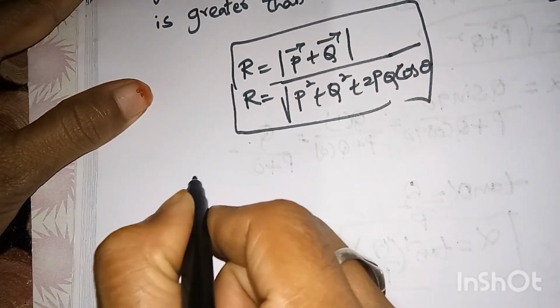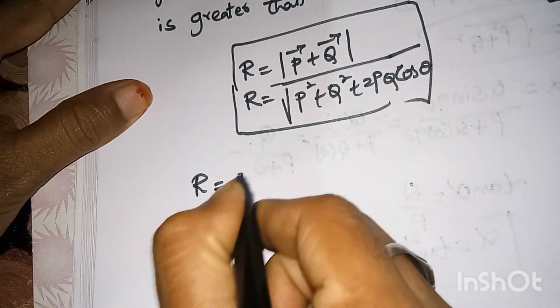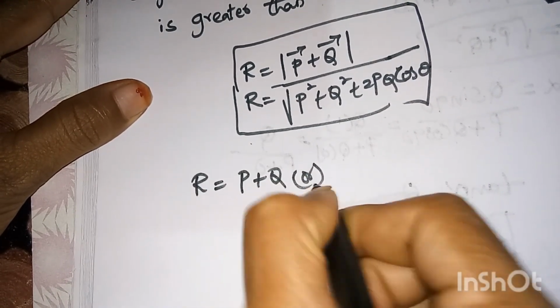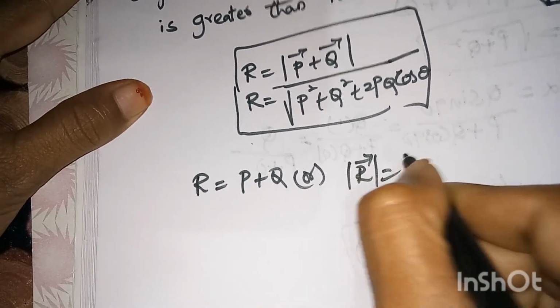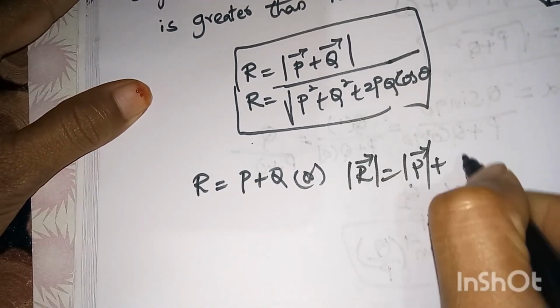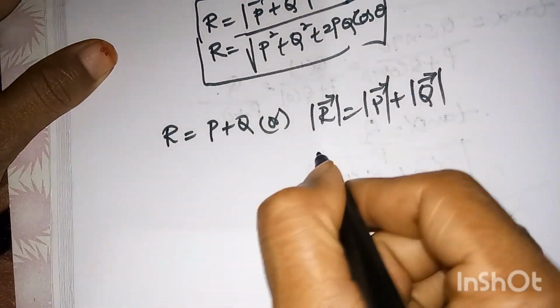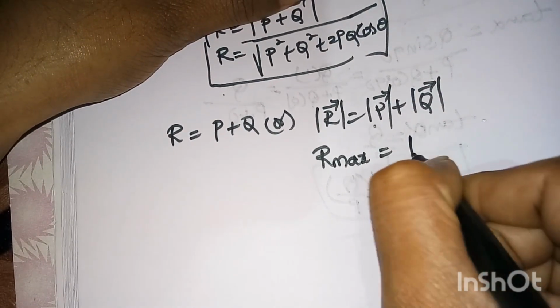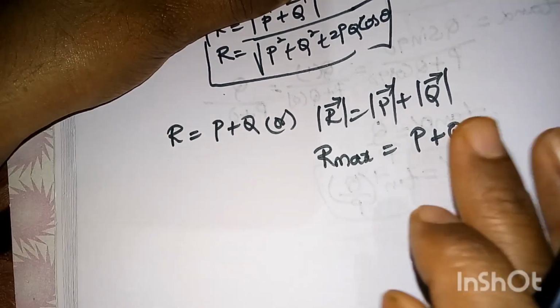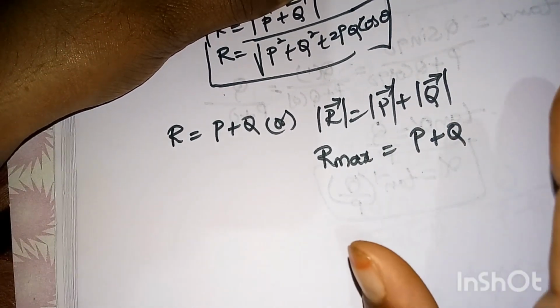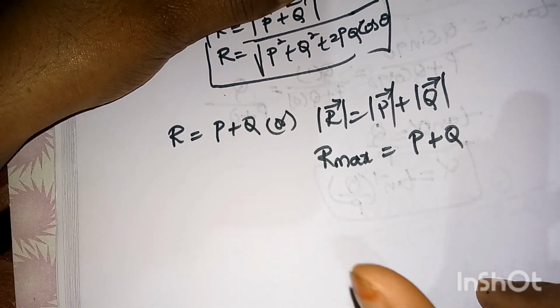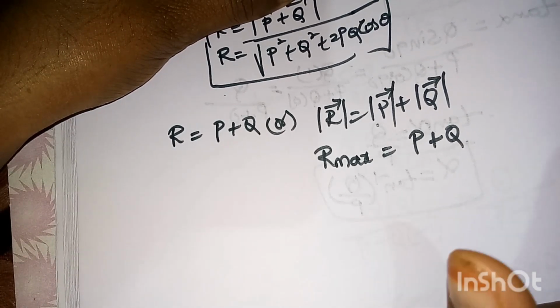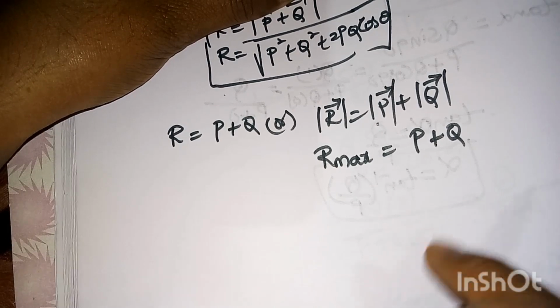So if two vectors are parallel, moving in the same direction, R equals P plus Q, or magnitude of R bar equals magnitude of P bar plus magnitude of Q bar. So this becomes R maximum. R maximum equals P plus Q. The magnitude of resultant will be maximum when two vectors are moving in the same direction, or when two vectors are parallel.